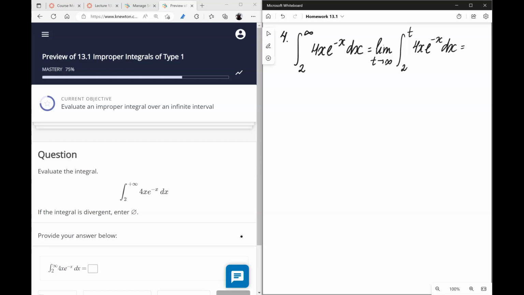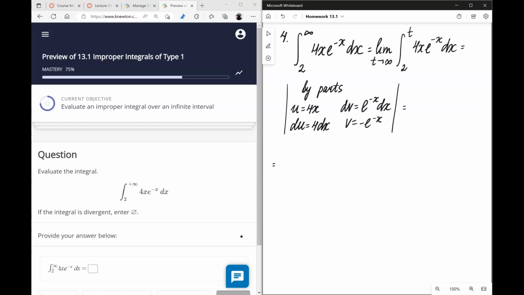And we should recognize this problem, and we should be able to set it up and do it with integration by parts. So u is equal to 4x, du is equal to 4 dx, dv is equal to e to the -x dx, and v is equal to -e to the -x.